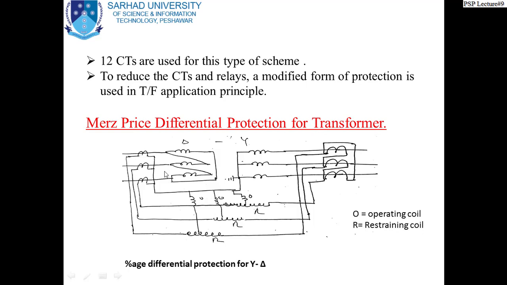Now you see, this will be explained with the help of this diagram. On one side we have a delta connection, and on the other side we have a Y connection, that is, a star connection.